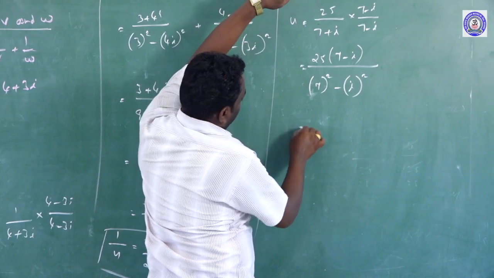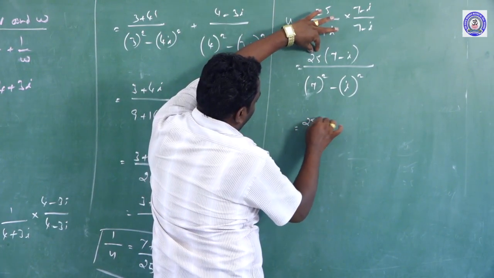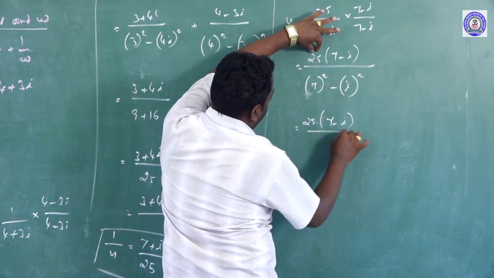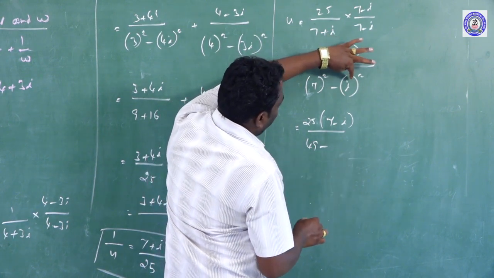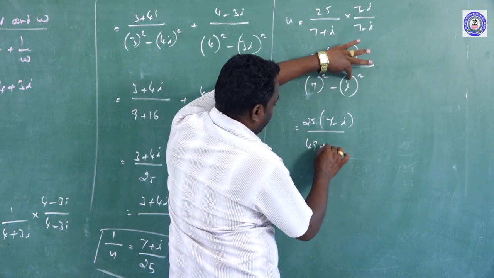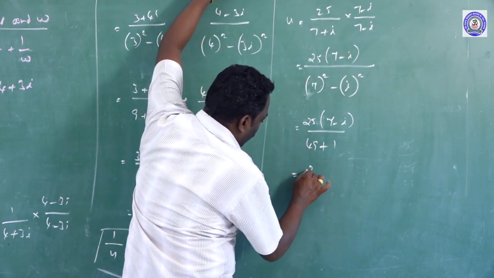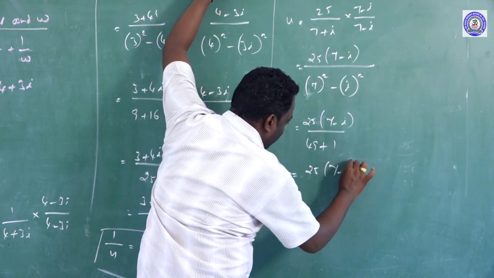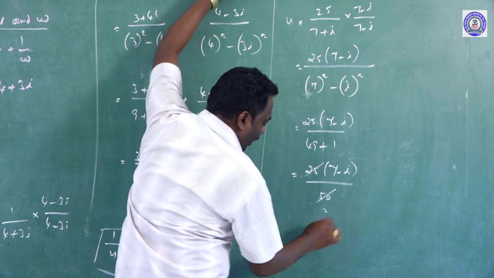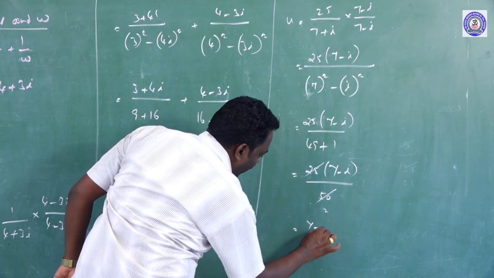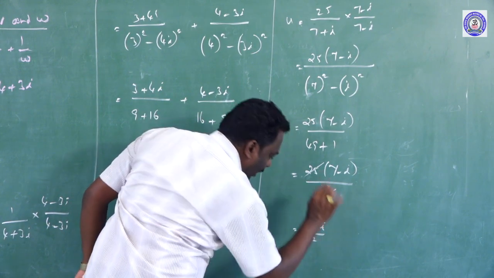That is equal to 25 times 7 minus i by, 7 square is 49, and minus i square value equal to minus 1, minus minus plus 1, that is equal to 25 into 7 minus i by, add the value, 50. Now cancel, simply 2 times, that is equal to 7 minus i by 2.